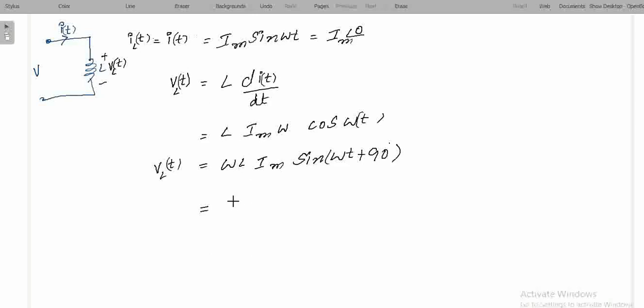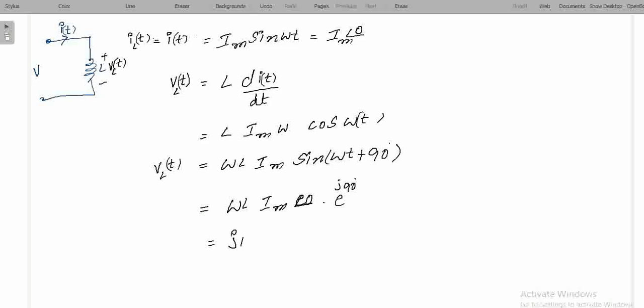So omega L Im sin omega t. If you write it in terms of exponential, here you have 0 phase difference. So Im with 0 into e power j 90 degrees. E power j 90 degrees is nothing but j.